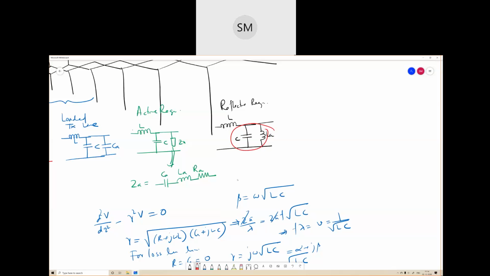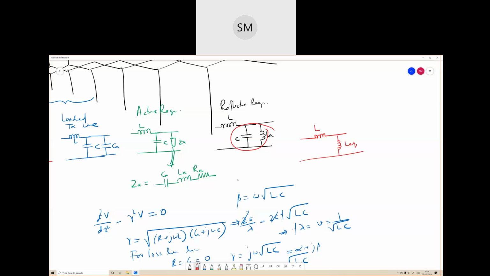What happens if it is inductive? Then this becomes an inductive line, an inductive filter.